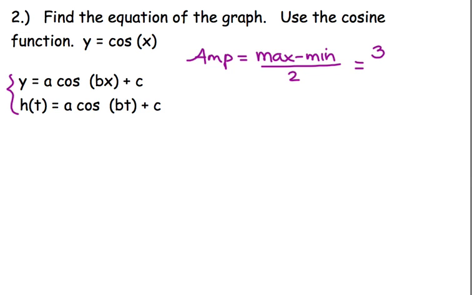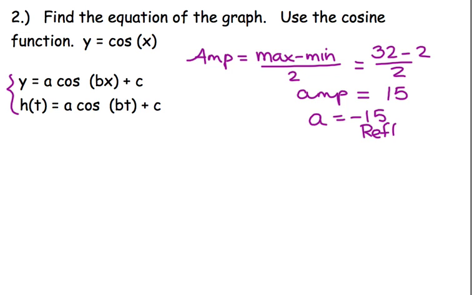You get a maximum height of 32 meters, minimum height of 2 meters, and you divide it by 2, and you get 15. So our amplitude is 15 meters. Now, our A, we already talked about, has a negative, right? So it's going to be a negative because there's a reflection starting at the bottom.